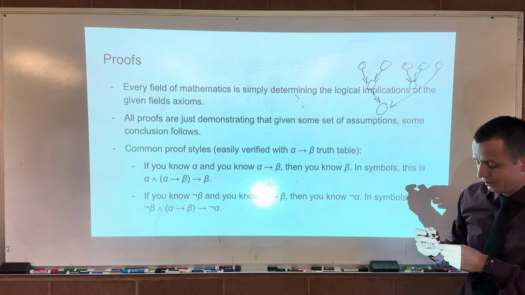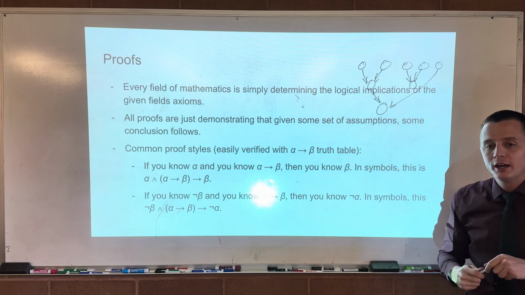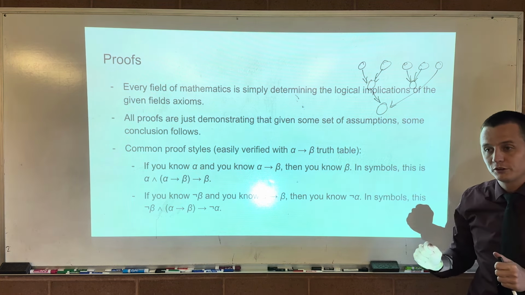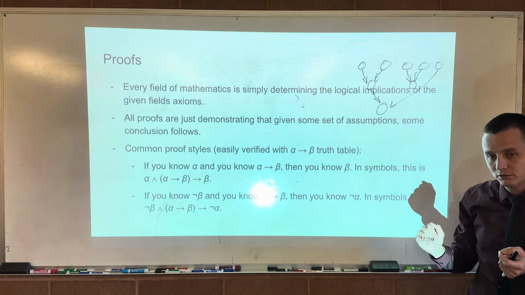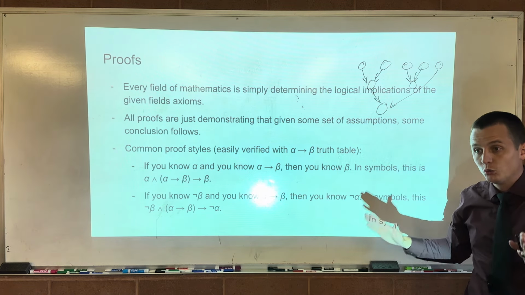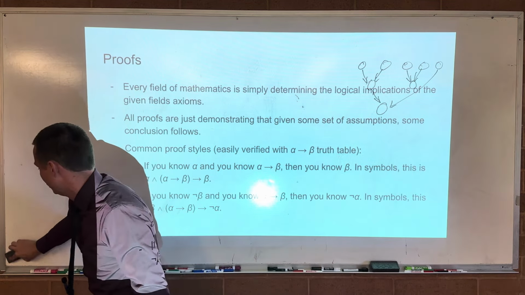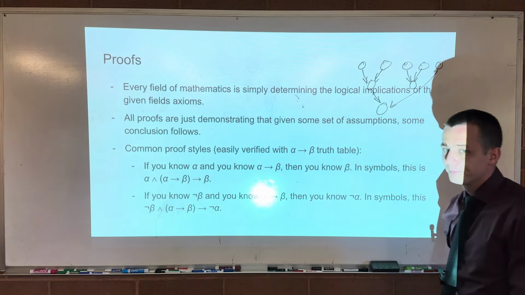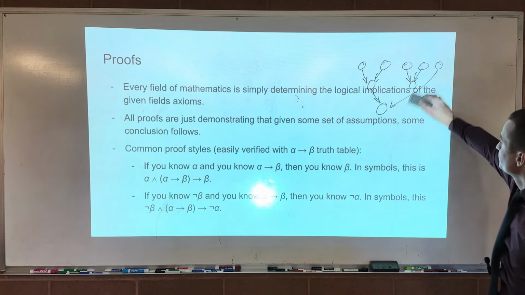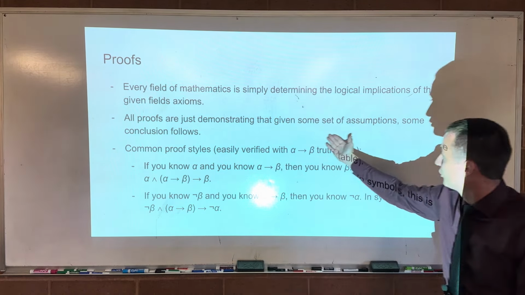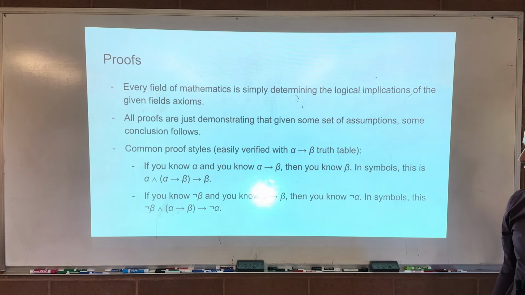So the Pythagorean theorem says that if you have a right triangle, then the sum of the squares of the legs is equal to the square of the hypotenuse. That's a theorem. We know the theorem is true because we proved it. So you need to prove a theorem is true to call it a theorem. Okay. Anyway, so that's what math is. All proofs are just demonstrating that given some set of assumptions, some conclusion follows.